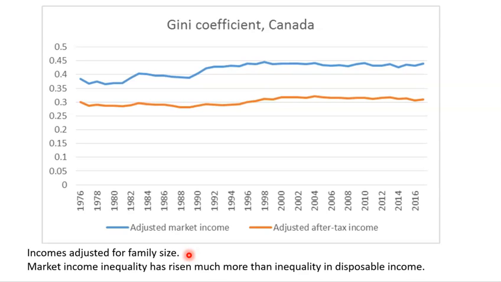So this is based on household incomes, but you want to recognize the fact that the number of people in the family matters. So the more people there are in the family, the more they're going to have to spend just to maintain a certain standard of living.